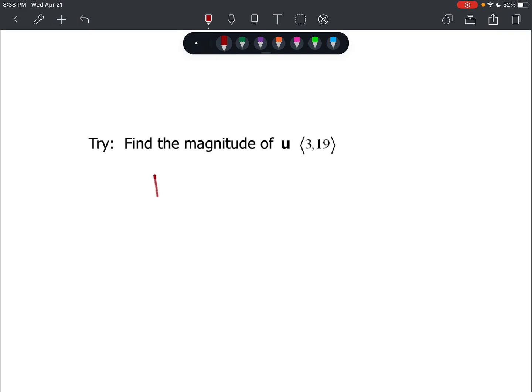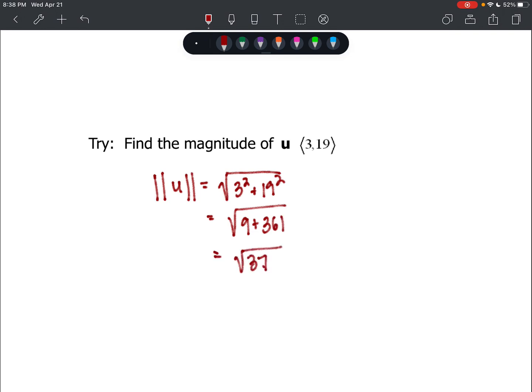Okay, welcome back. You should have gotten the magnitude of u is equal to the square root of 3 squared plus 19 squared, which is 9 plus 361, which is the square root of 370. Now 370, we're going to see if 370 breaks down. Let's see, 5 goes into that 37 times, and it is a prime.